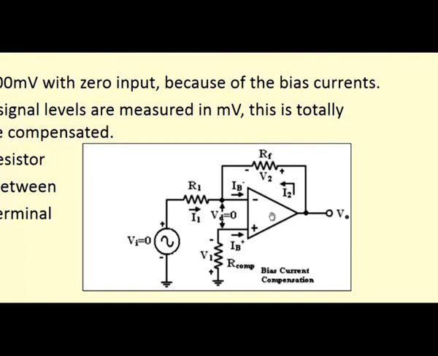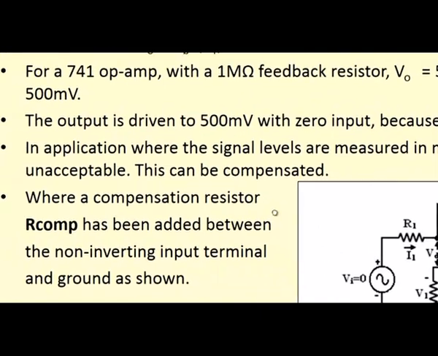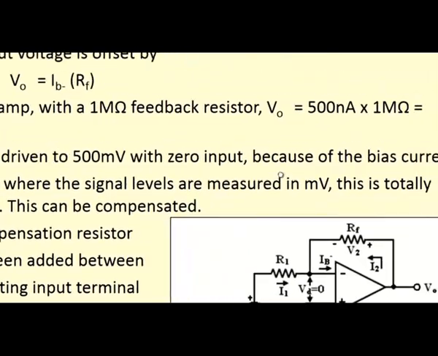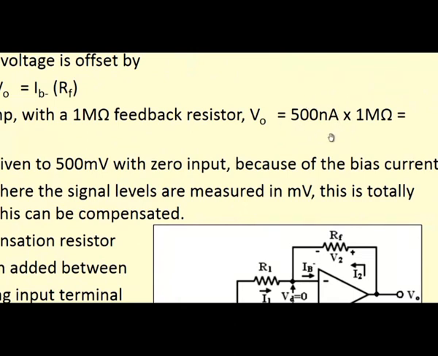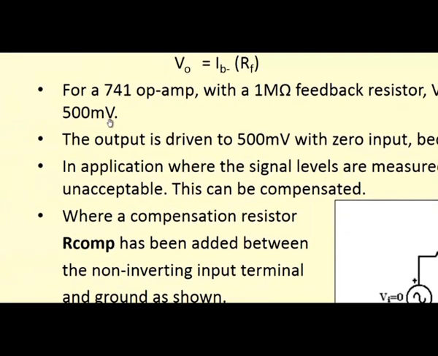We know that the bias current is given as 500 nanoamps for the 741 using BJT, and if we design the resistance RF as 1 meg ohms, then the output voltage will be 500 millivolts.